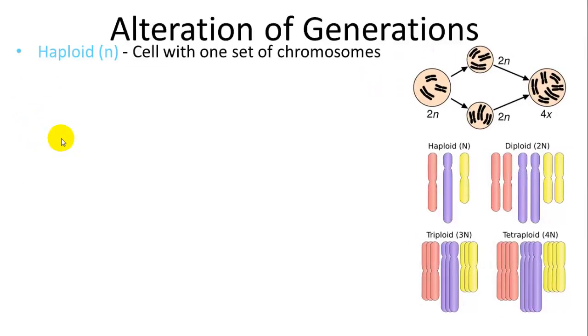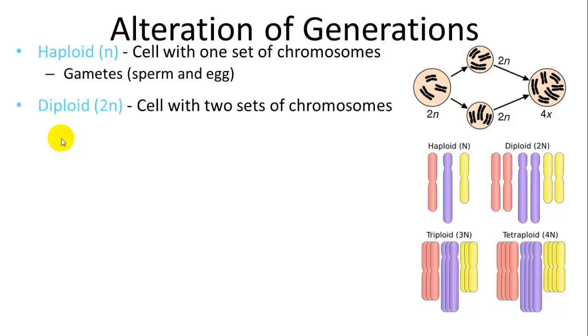So in alternation of generations, you have a haploid cell with one set of chromosomes, which comes together as gametes to form the diploid cell, which is the zygote.